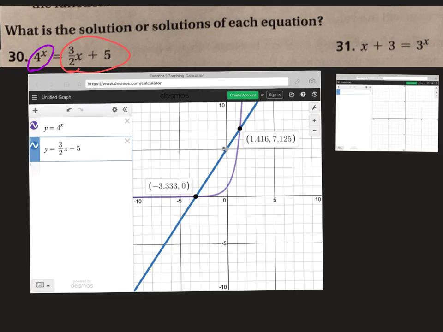So that would be your answer for the first one. Okay. Again, notice here they give us 2 solutions, one for this point and the other for this point. So when you go to graph these, you do have to put them as separate equations. Let's look at the second one.